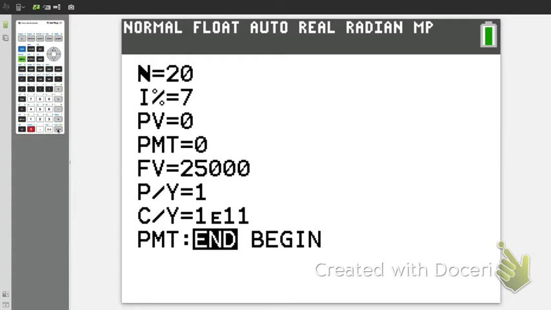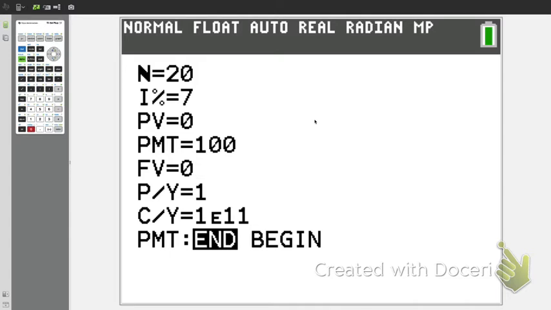That's your payment. You're pulling $100 out every month, okay? You do not have a future value then, because we're finding present value and we are given a payment. So we are not going to use anything with future value. So my payment is 100, my future value is 0.